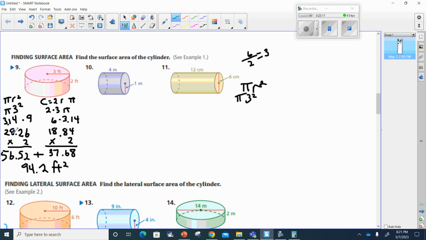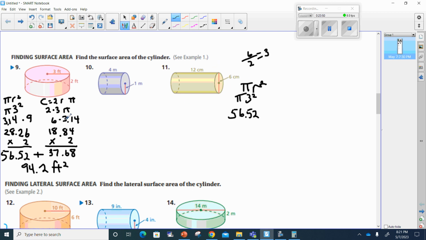That equaled 28.26, and when we multiplied it by 2 to get both circles, we got 56.52. So that tells me all I need right there. This is all going to equal 56.52. Now I come over here and I see that this is 12 centimeters long. I need to find the circumference, but luckily, the circumference formula is right over here with that radius we had of 3.